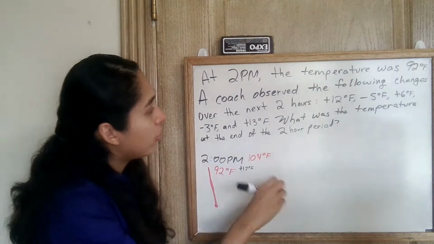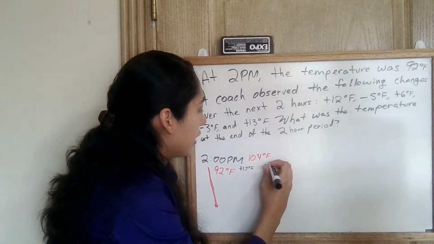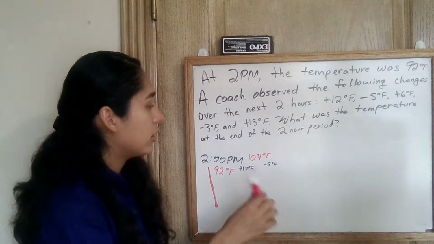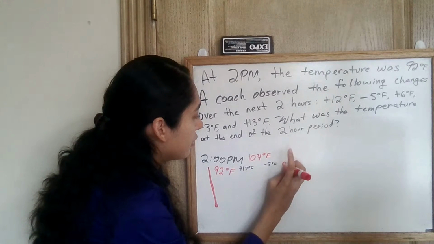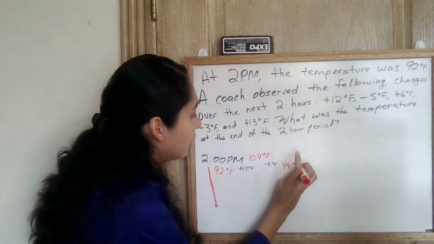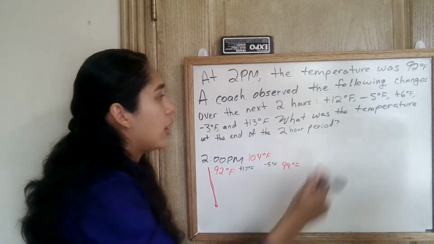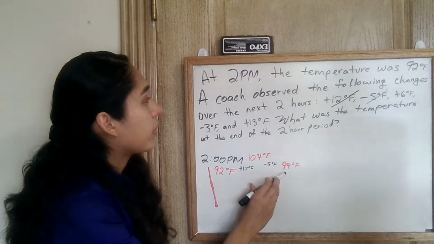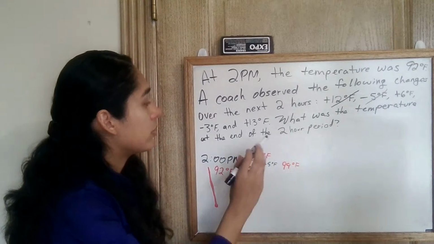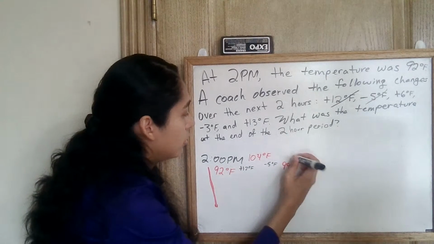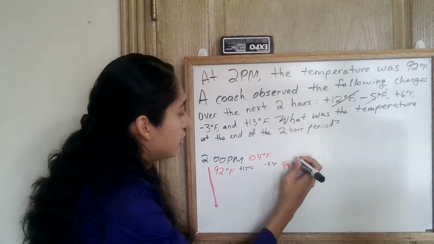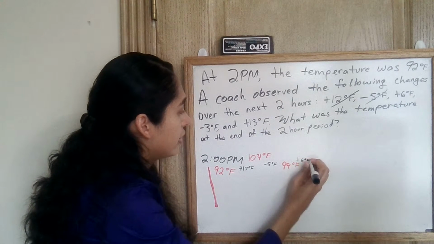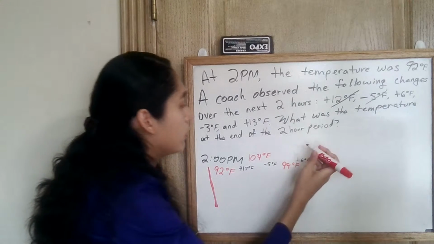Then it went down by 5 degrees, negative 5 Fahrenheit. We're going to subtract 5 degrees Fahrenheit, and we're going to end up with 99 degrees Fahrenheit. Just to keep track, I'm going to be scratching things out. Whew. Okay. Then from there, the temperature rose by 6 degrees. So we're going to add 6 degrees Fahrenheit. It's going to be 105.